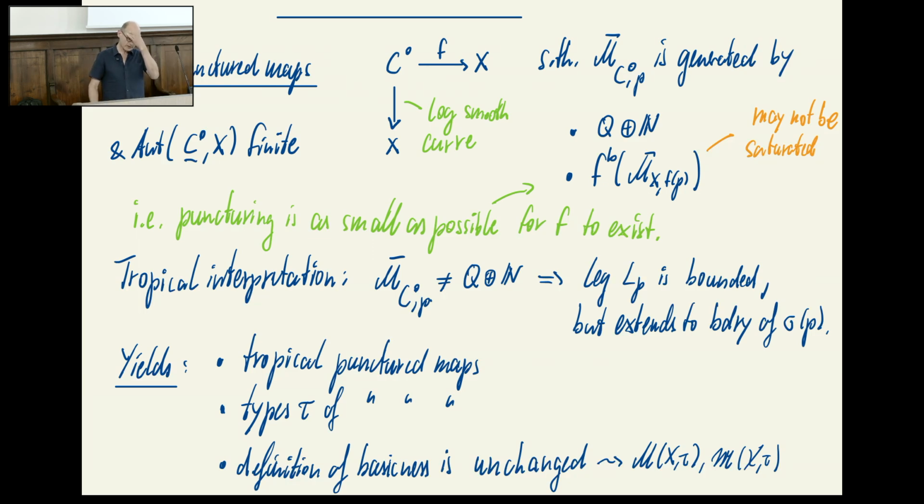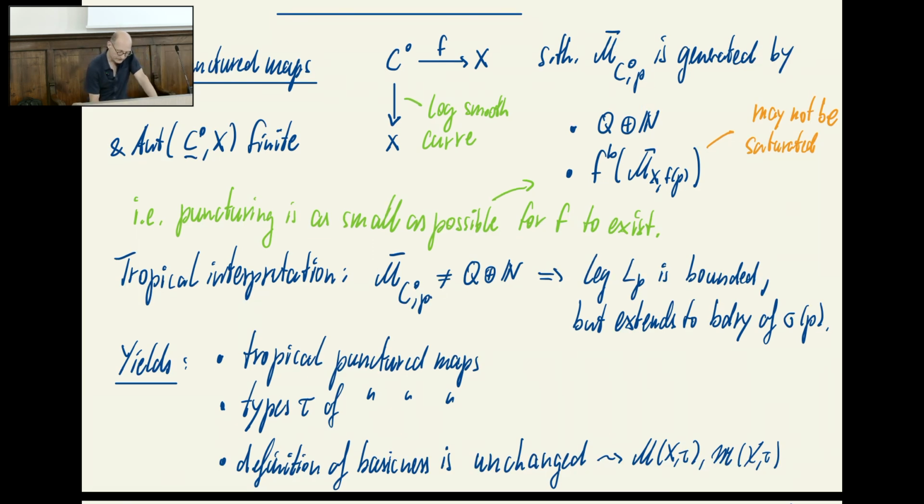Okay, so then the tropical interpretation now. What does this mean tropically? If this M-bar at a point, as a marked point, is not Q direct sum N, but has some honest puncturing, that means that the legs that you write down, it's an exercise in dualizing cones, is bounded. So we are dual, right? Your monoid becomes bigger, the dual monoid becomes smaller. And this condition translates into that it is still as large as possible. So this is as small as possible.